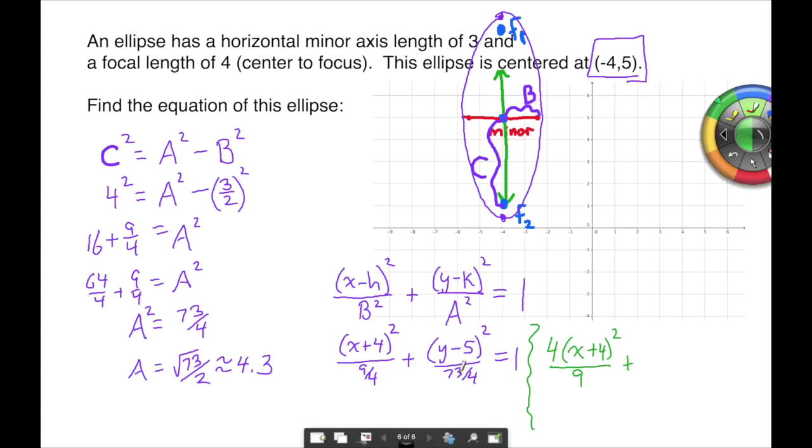Plus, and then the same thing, reciprocate here, and you're going to get 4 times y minus 5 all squared over 73, and this thing is equal to 1. So this would be the equation of the ellipse that has these properties or this information.